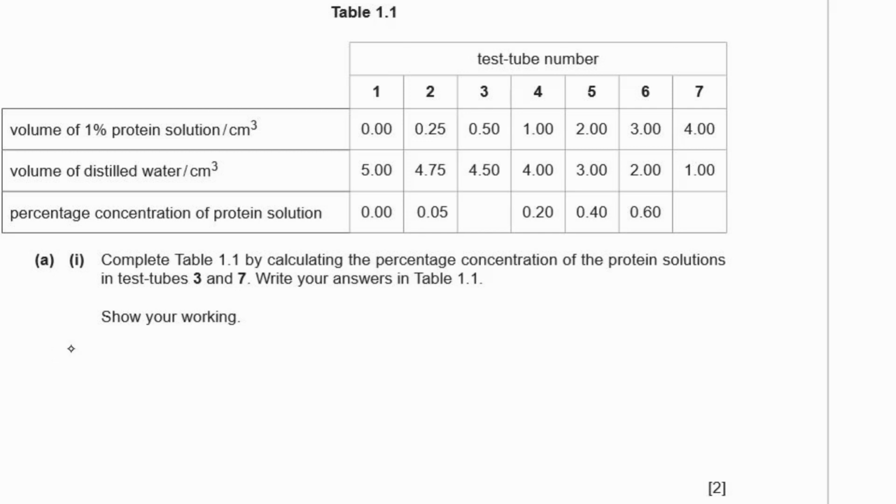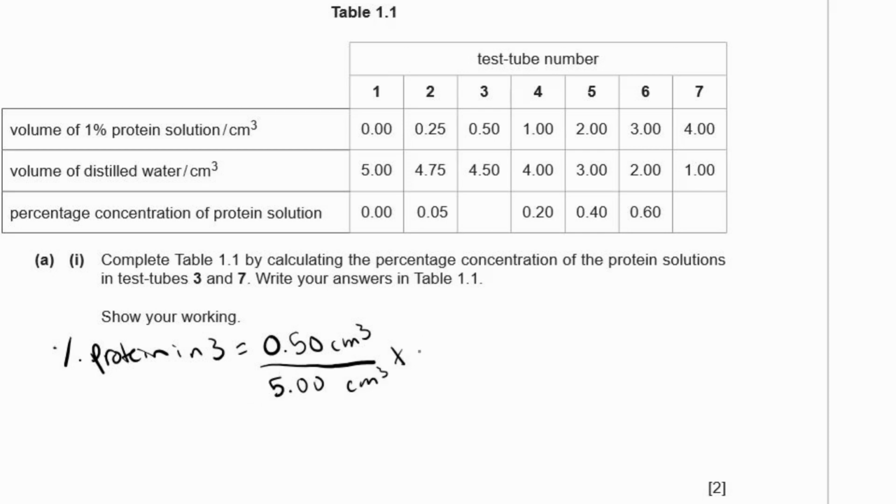So to calculate the percent protein in test tube 3, that equals the amount of protein solution, so that is 0.50 centimeters cubed divided by the total amount of solution, that was 5.00 centimeters cubed. And then to get percentage, you multiply it by 100.